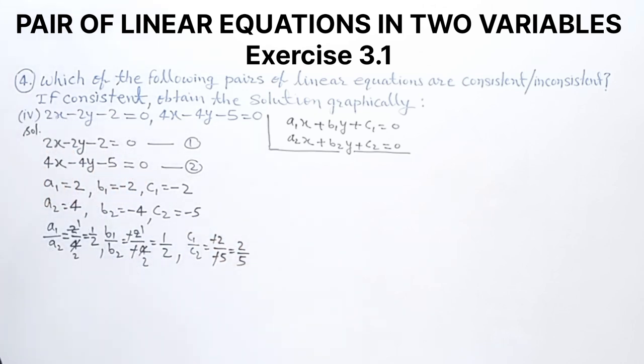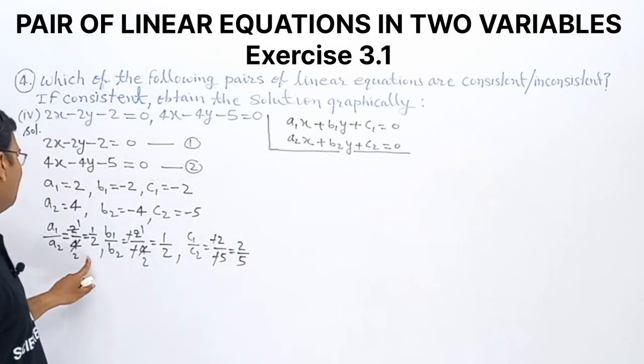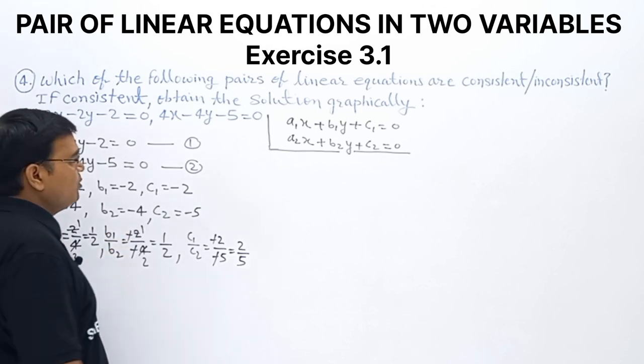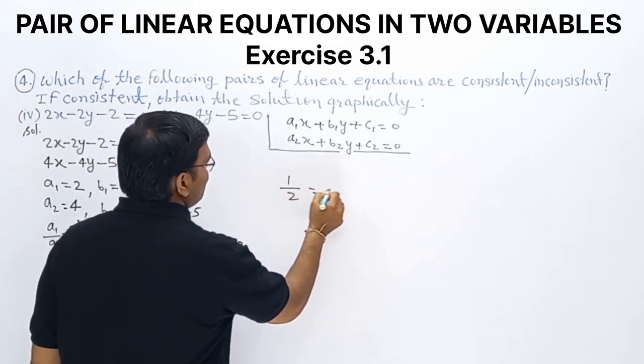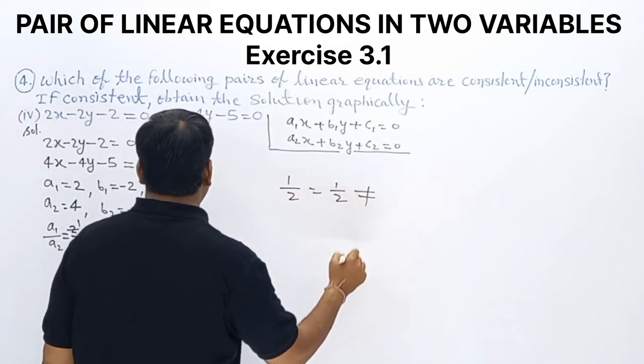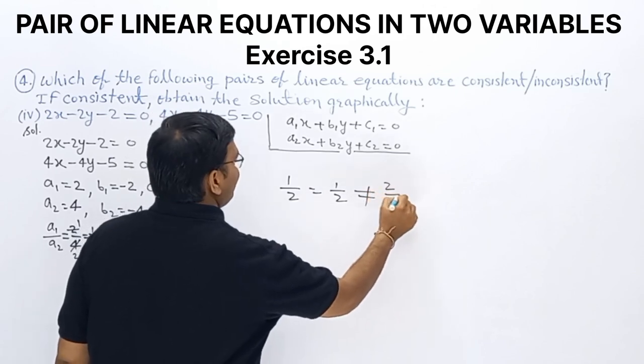So we obtained the ratios. a1 upon a2 equal to b1 upon b2, that is 1 upon 2 equal to 1 upon 2, but not equal to c1 upon c2, which is 2 upon 5.